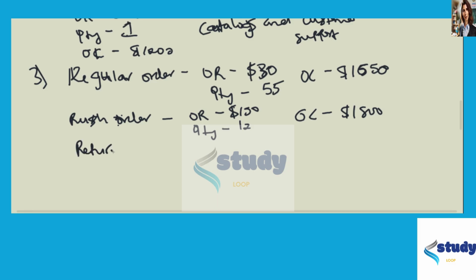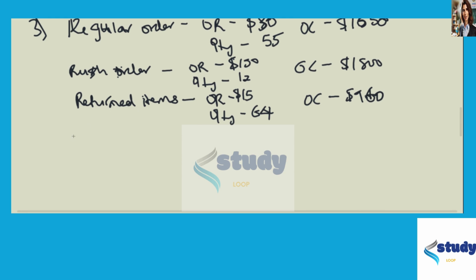Now for the return items processing, the overhead rate is $15. The quantity is 64, and the overhead cost allocated is $960. So now the catalog and customer support, the overhead rate is 1,200.